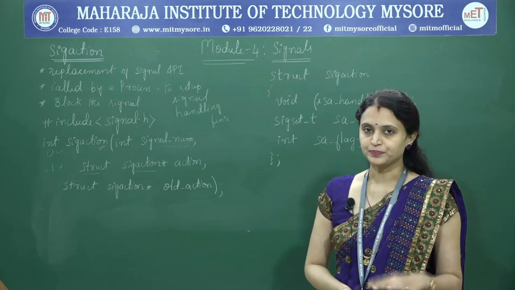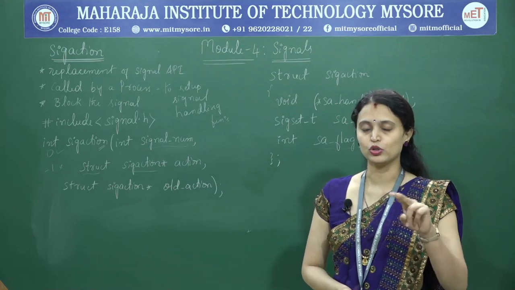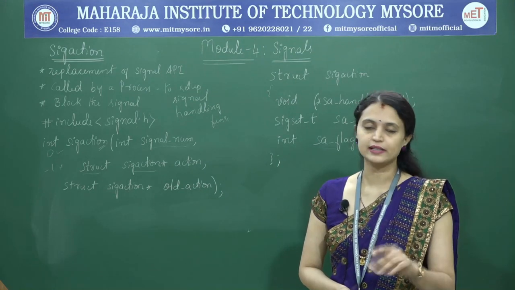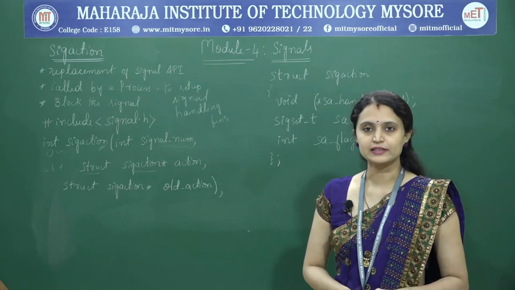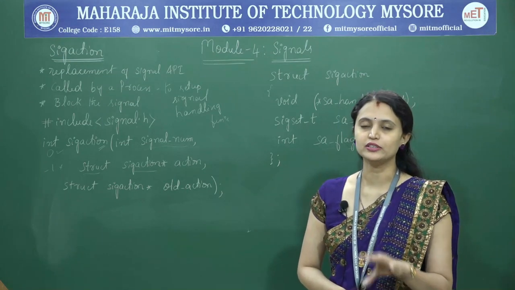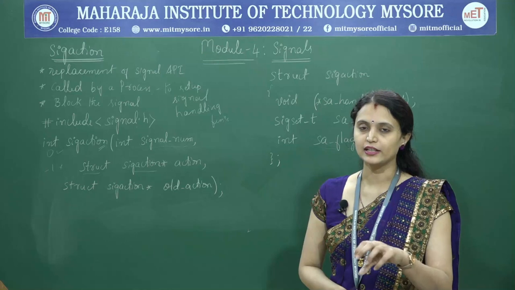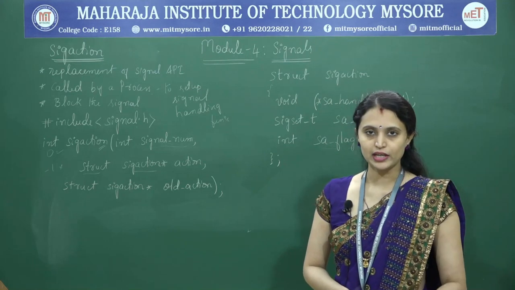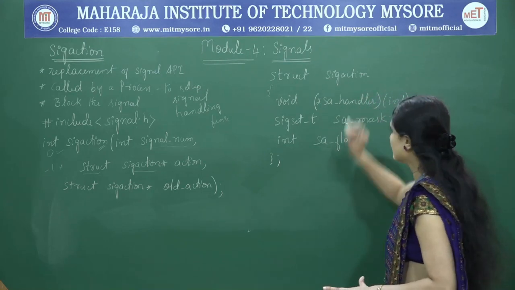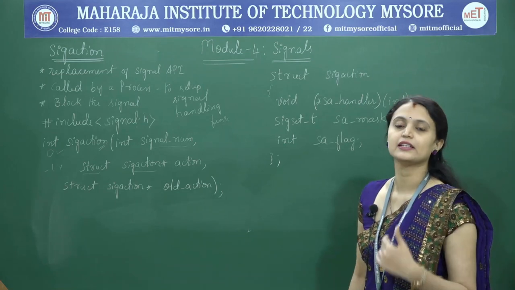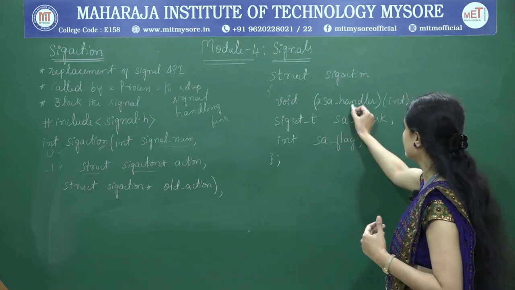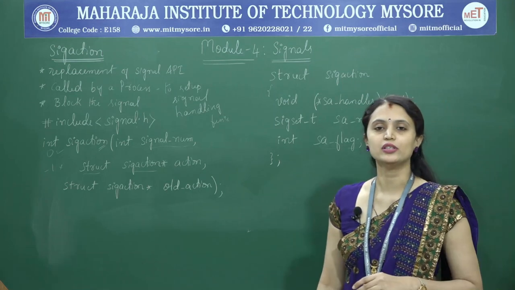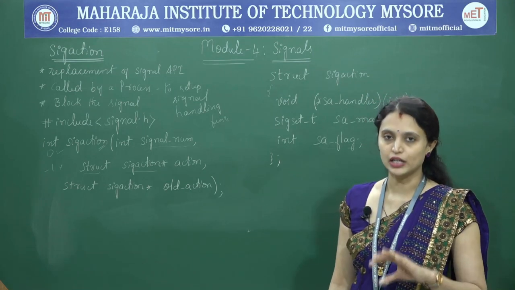If you remember, the signal API has 2 arguments. The first one is the signal number, and the second argument is a function pointer to the user defined signal handler function, right? Same way here, this is similar to the second argument of the signal API. So it's a function pointer to the signal handling function.